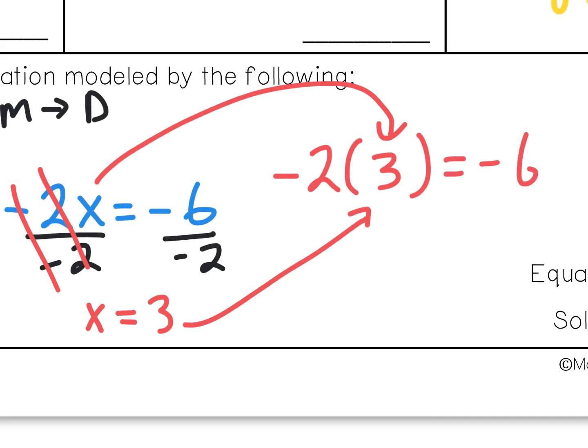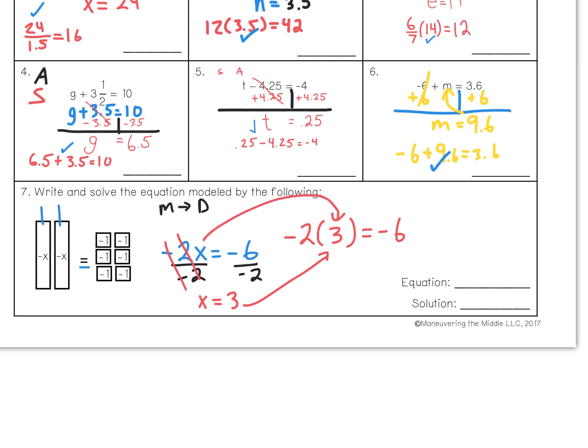Equals negative 6. Is that true? Let's see. Negative 6. You got it, Justin.